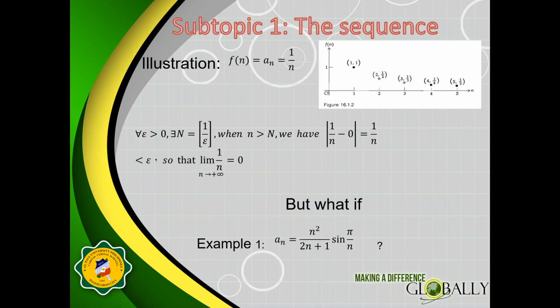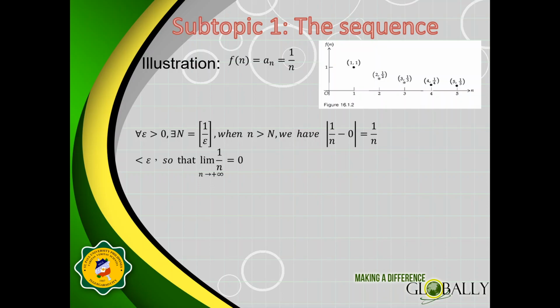So the definition is direct, but it's complicated, I think. If the formula of the sequence is simple, maybe we can use the definition.